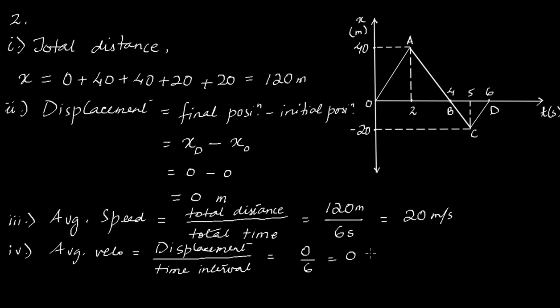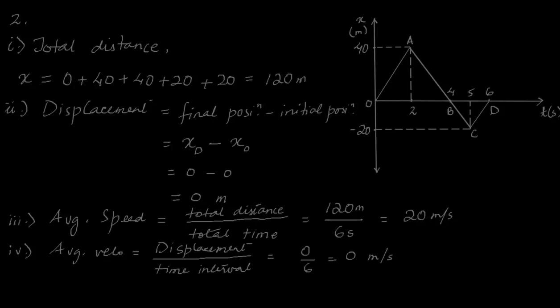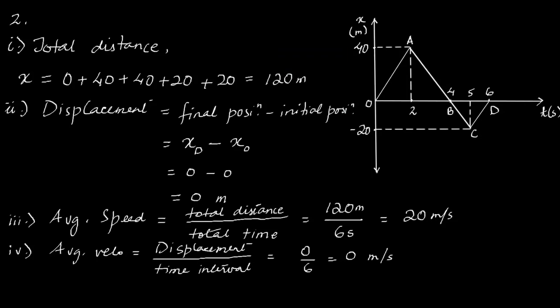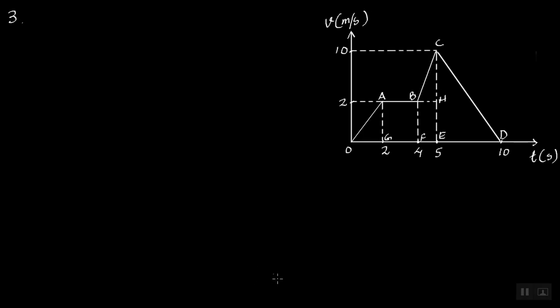Time interval is 6, so therefore the average velocity will be 0 meters per second. Okay, so let us go to the third problem. Let me draw this diagram very quickly. Okay, so now you have this kind of a graph. This is the VT graph, the velocity time graph.